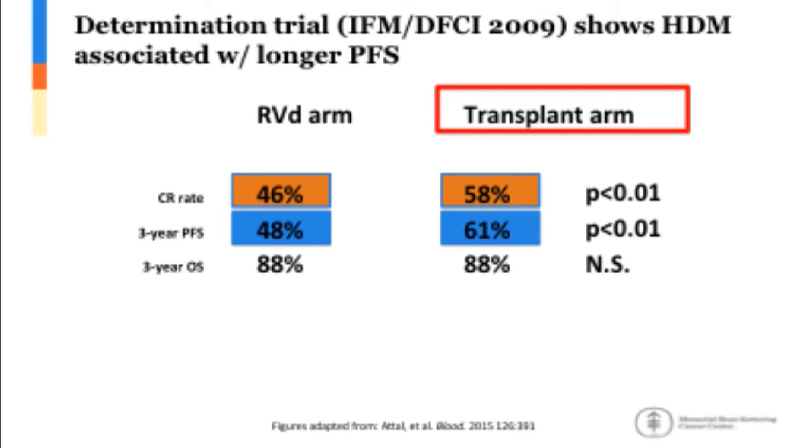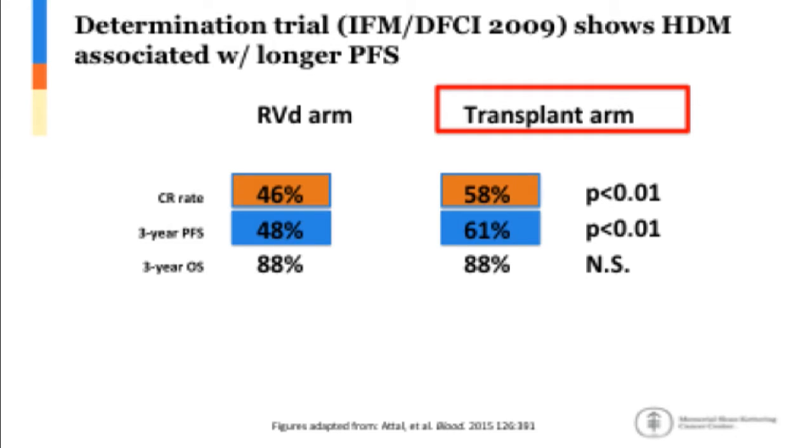Now, the reason why therapy lasts longer is because the depth of the response can be less deep or deeper. And in fact, you can see that the transplantation arm had 58% of patients obtaining a complete response, while the non-transplantation arm had 46%. So the longer progression-free survival was driven by the fact that more patients obtained a deeper response.